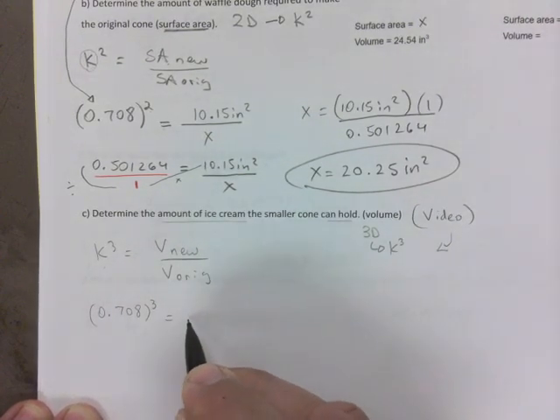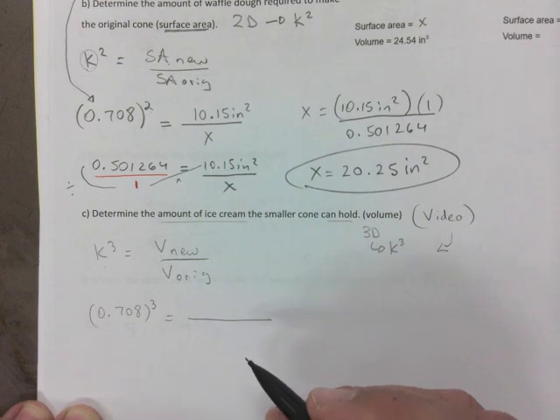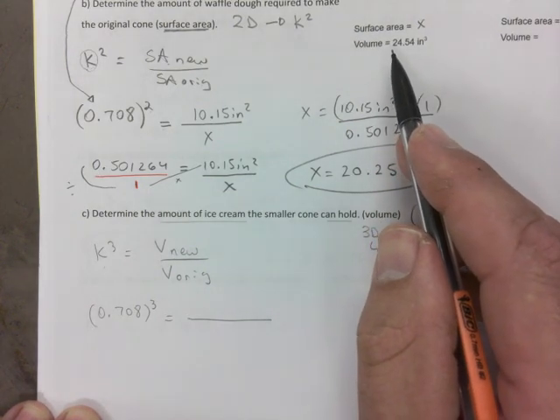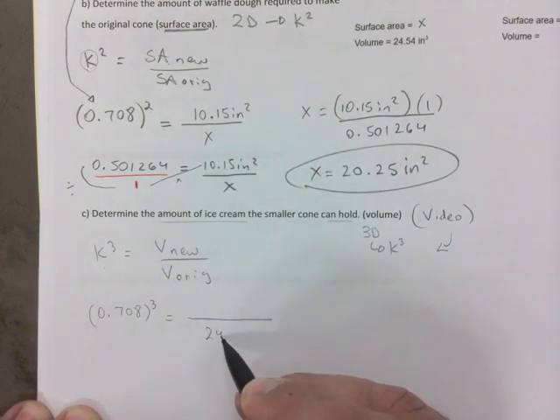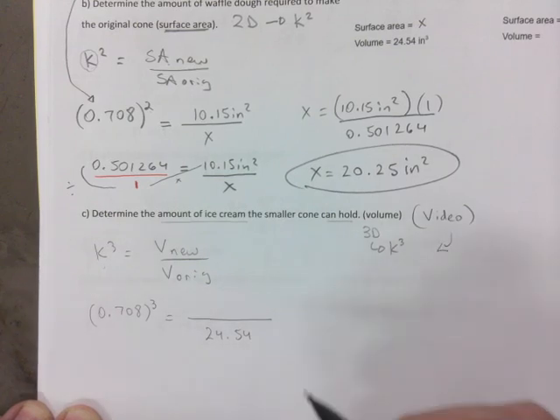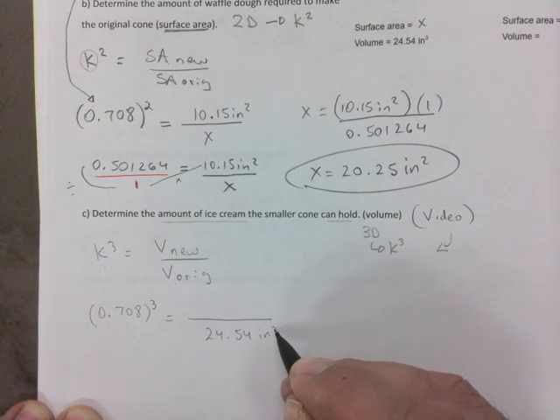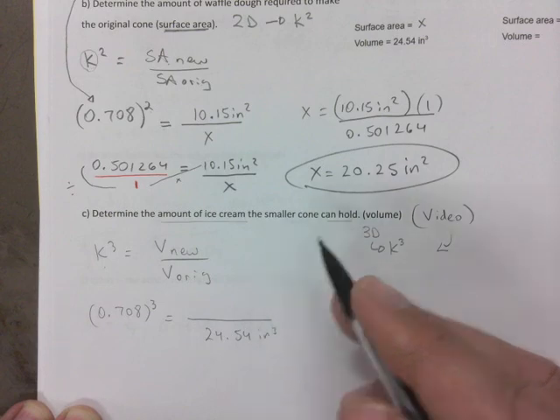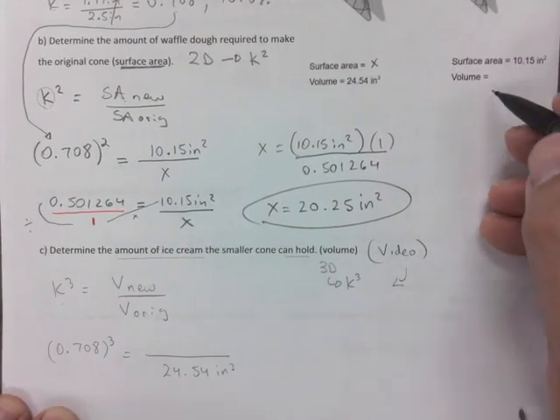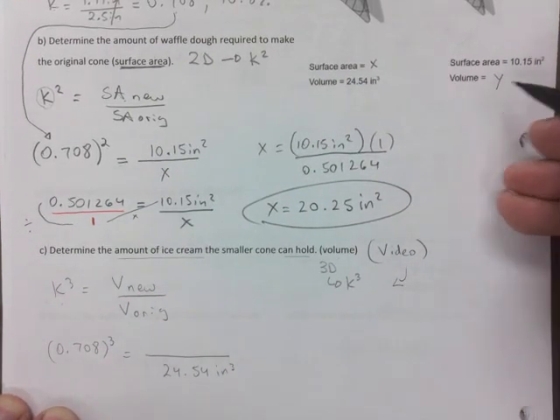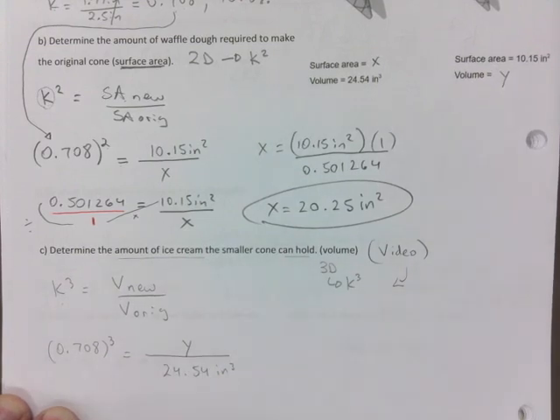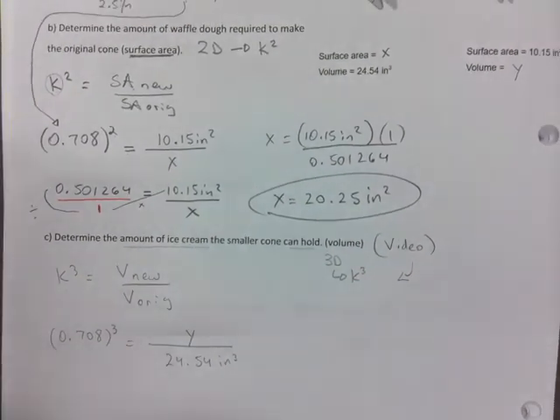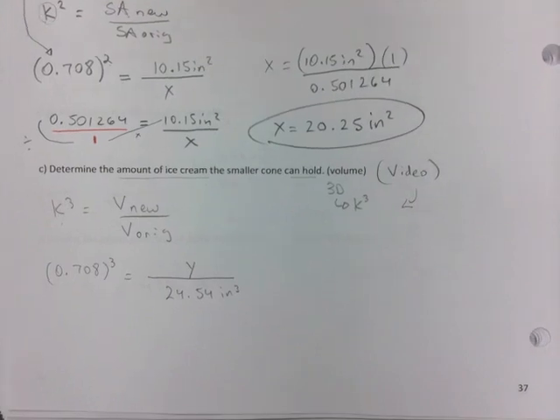Don't forget that. And we know that the volume of the original is 2454 cubic inches. Therefore, let's call the volume of the new one unknown, so we're going to call that y.